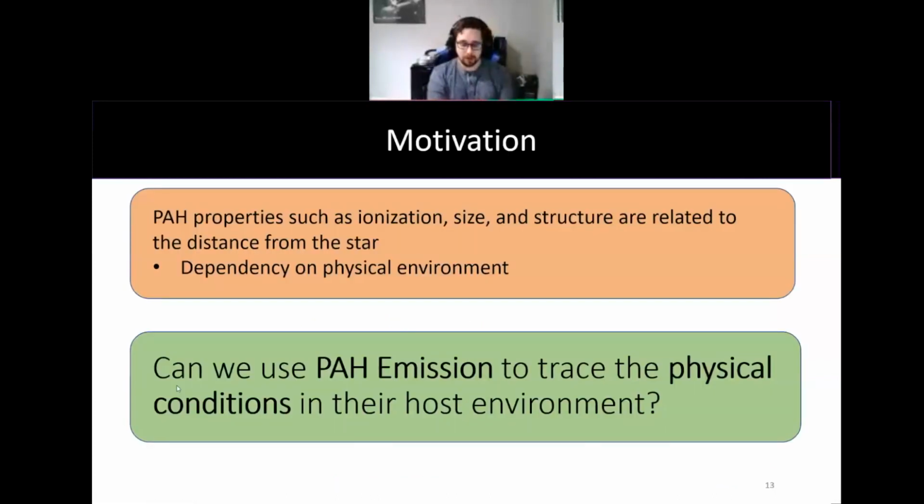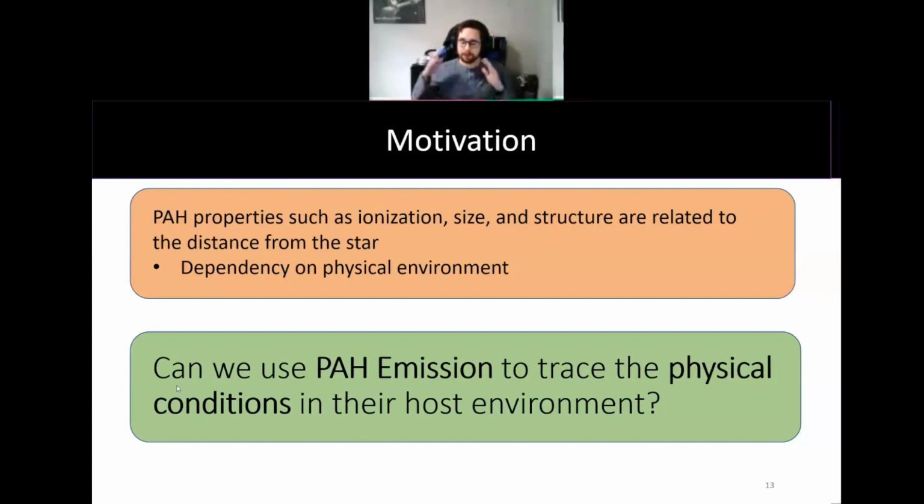So moving onwards, the motivation for my studies that I'll talk about today is we want to talk about how PAH properties are very dependent on the physical environment, and how we can use PAH emission to trace physical conditions in the host environment.